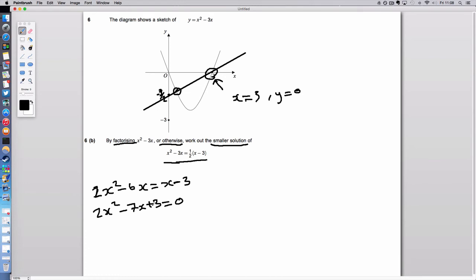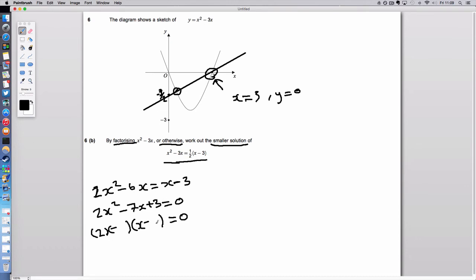In order to solve this, you could use the quadratic formula, or complete the square, or even try basic factorisation. We're going to give that a go now, and if it doesn't work, we'll use one of the other methods, because it might not always be clear what the factors are.